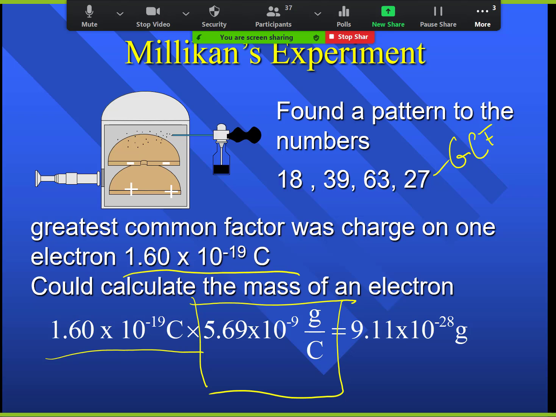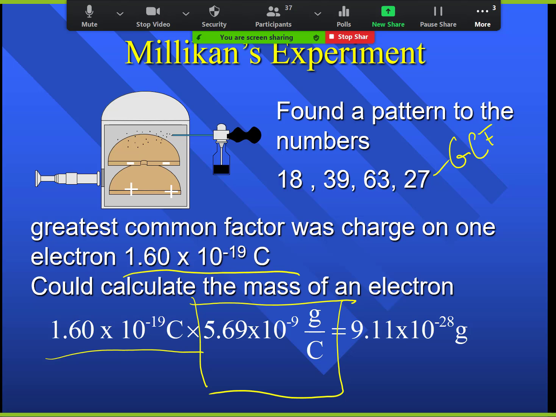And that is the mass of an electron. Electrons are tiny.